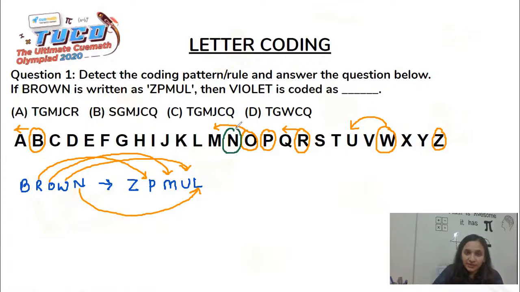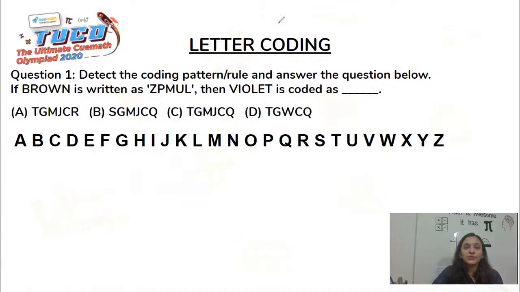N is here. You skip one letter backward. Skipping M, we land at L. So the rule we have understood here is that to code any word, you skip one letter backward to code that particular alphabet. So I'll clear this off and we'll try coding the word VIOLET.